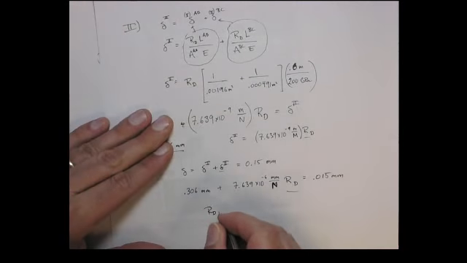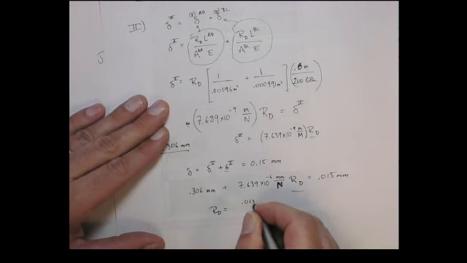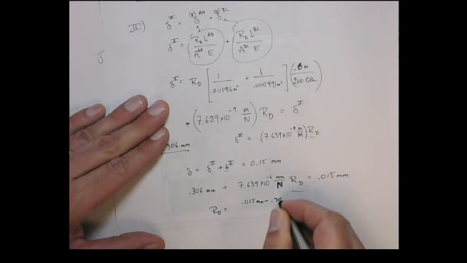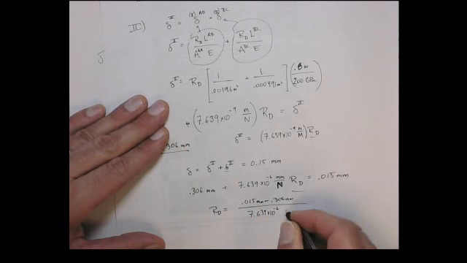RD is going to be 0.15 millimeters minus 0.306 millimeters divided by 7.639 times 10 to the minus 6 millimeters over Newton.